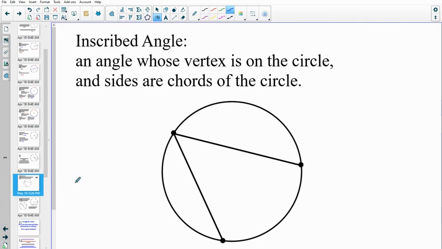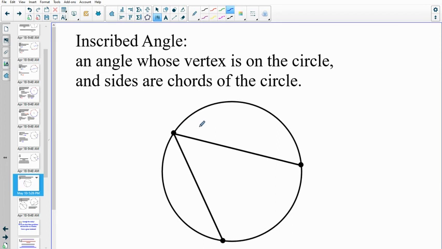This is different from a central angle in that the vertex isn't at the center of the circle, but it's actually somewhere on the other side of the circle. So 3 points that are on a circle, one of them is the vertex, and the other 2 are determining where those rays are pointed on that angle.